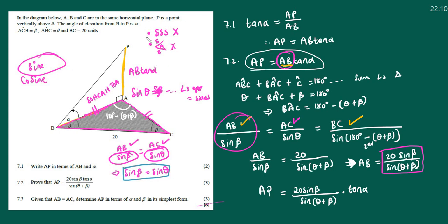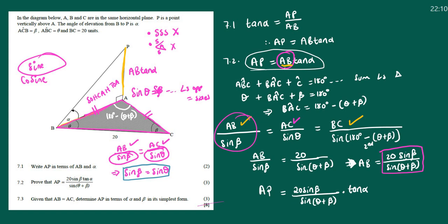You follow this checklist: are you given all the sides? If you are not given all the sides, and you also don't have an angle, side, and angle in between, if these two have failed, you will use the sine rule. But if one of them agrees, you use the cosine rule.